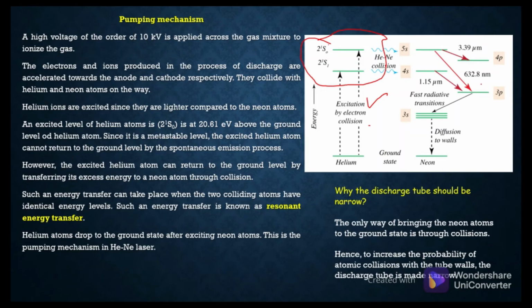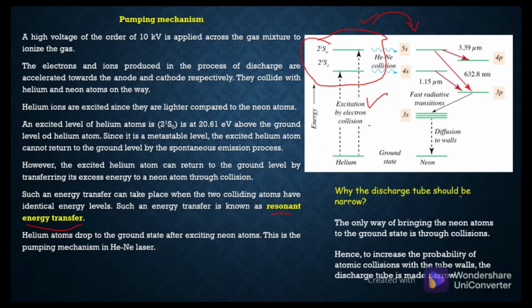The energy acquired by these helium atoms is efficiently transferred to the neon atoms. So the neon atoms from the ground level quickly, by the process of resonant energy transfer, absorb the energy of the helium atoms and move to the excited level.